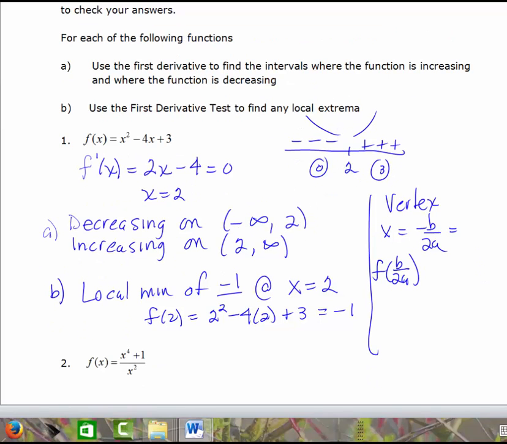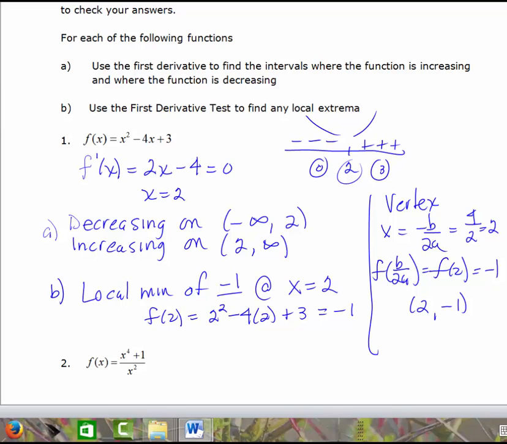And so if we take the opposite of b, which is 4, 2a is 2, so we get the x-coordinate, which is 2, which we just found, and when you find f of 2, we got negative 1. So the vertex is (2, negative 1). So for a parabola or a quadratic function, you don't need calculus. We just use calculus to confirm what we already know.